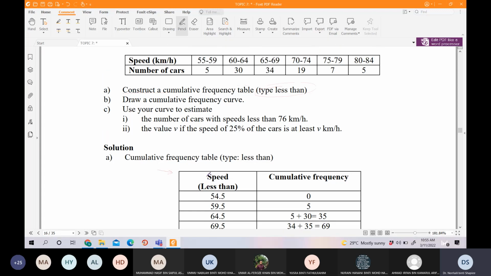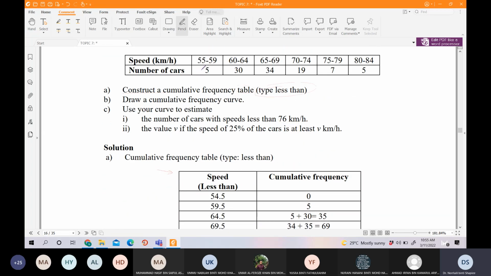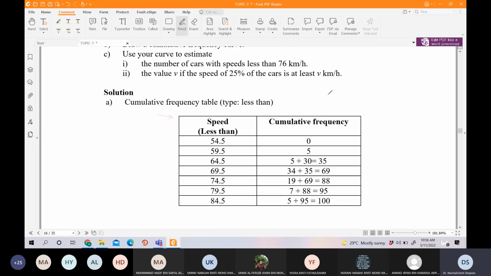So this one is less than, below that class. This one is our class, so for speed less than, you have to consider the class below here. Before 55, which is 54.5. So this one is 59.5, this one is 64.5, this one is 69.5, this one is 74.5, and this one is 79.5.